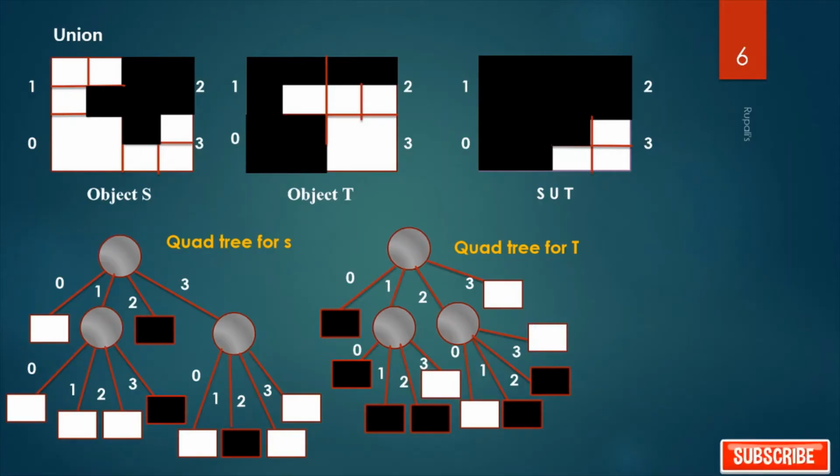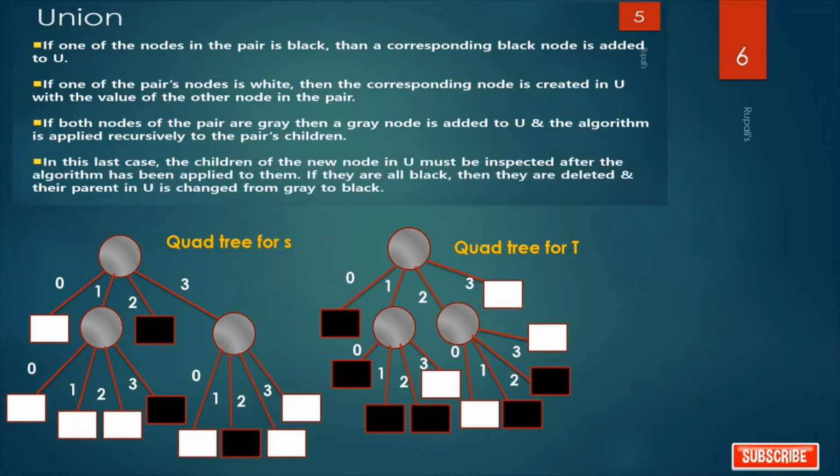Now I have to draw the quadtree for S union T. We already learned these rules. First, if both nodes of the pair are grey, then a grey node is added to U and the algorithm is applied recursively to the pair's children.